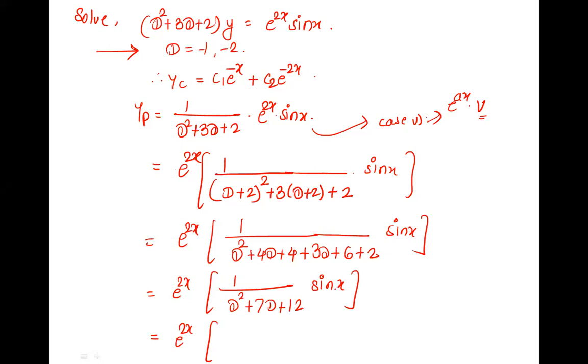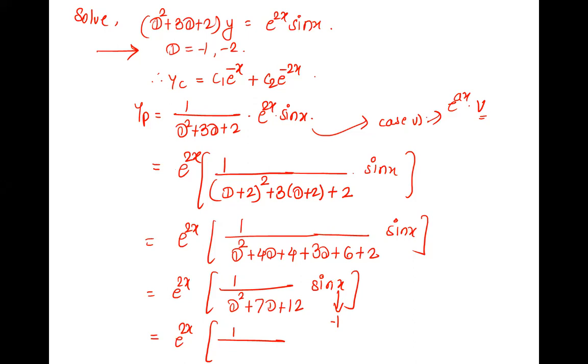So we have to replace the D square by: find out a, square it, and give a negative sign. So we are replacing it by -1. Are you getting this, everyone? Am I writing it correctly?